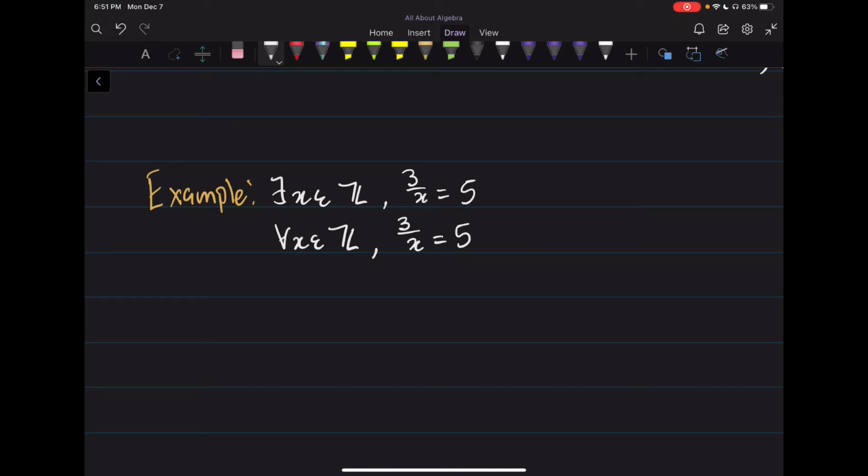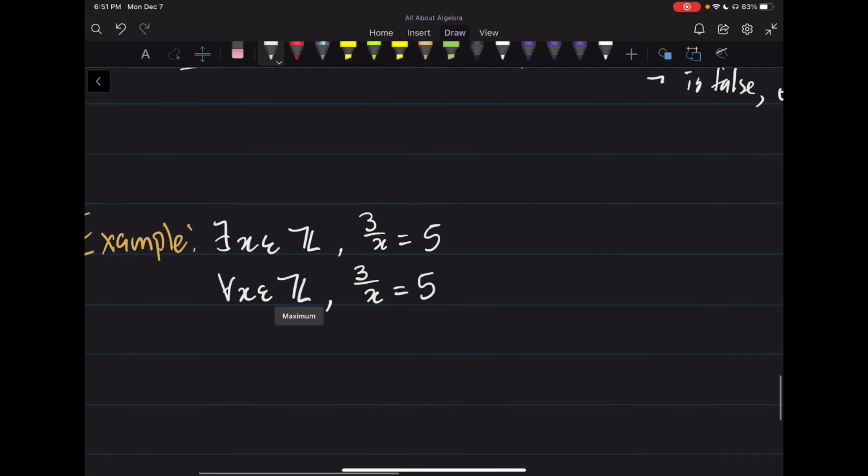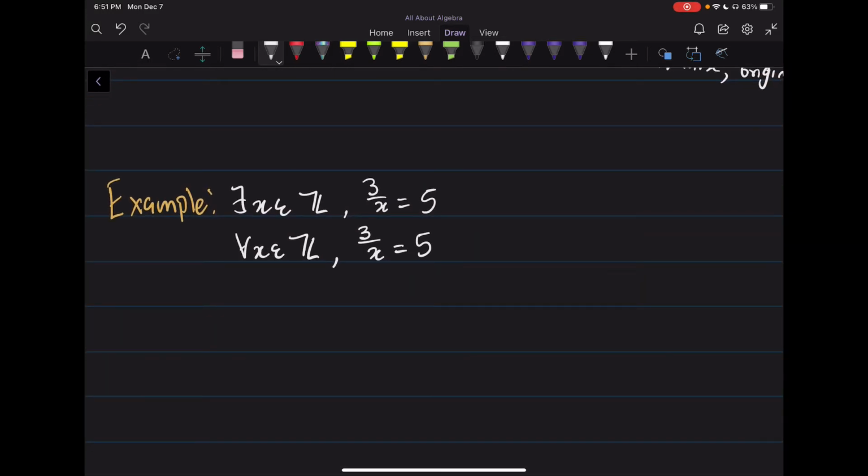Is this ever true? Well, yes, because if we solve for x here, we get 3 divided by 5, which is equal to 0.6, which is not an integer.